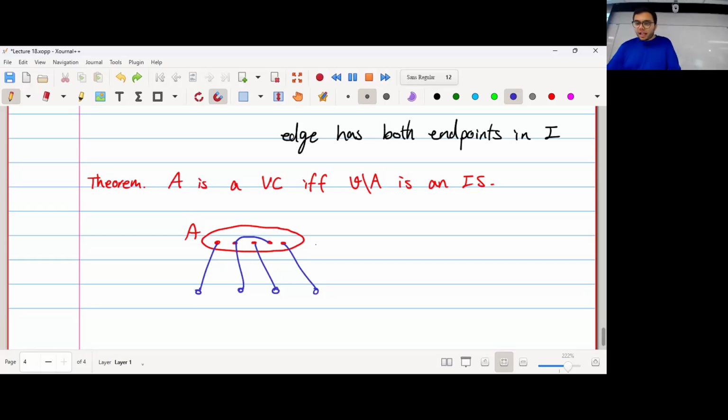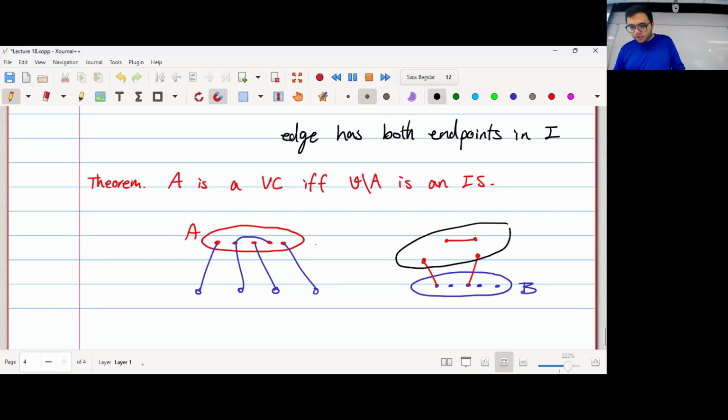Suppose that I have an independent set. So let's say that I start from here. I say this set, let's call it B, is an independent set. If B is an independent set, there is no edge that is completely inside B. So every edge either has both of its endpoints outside of B, or at least one of its two endpoints outside of B. So if I take all the vertices that are outside of B, they're going to cover all the edges, right?